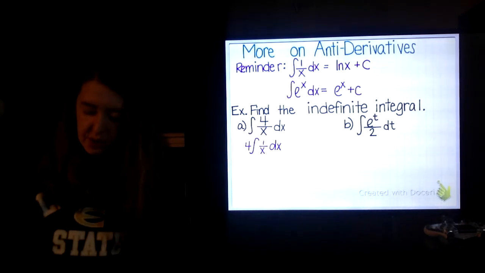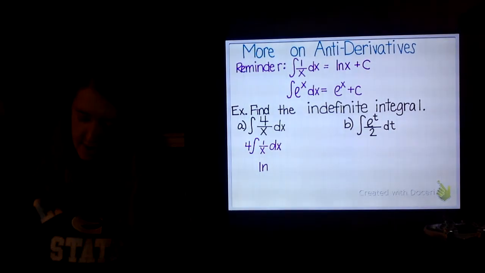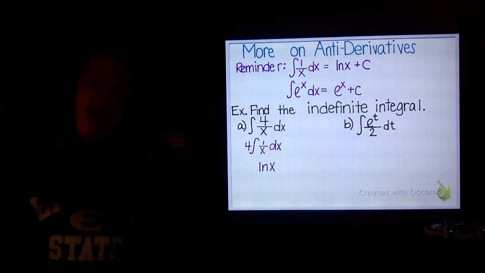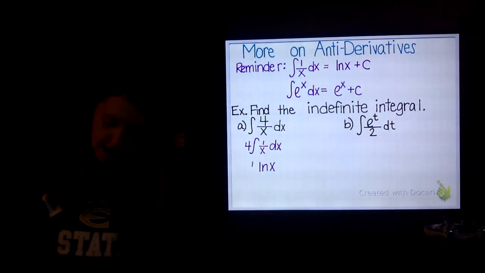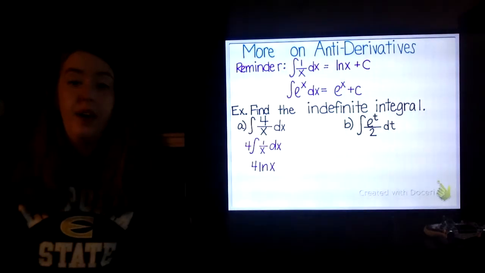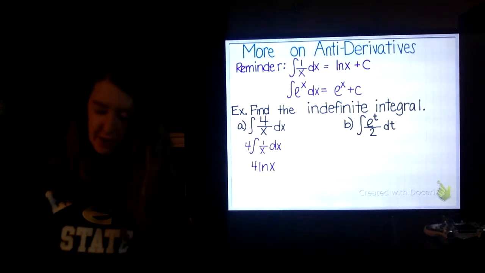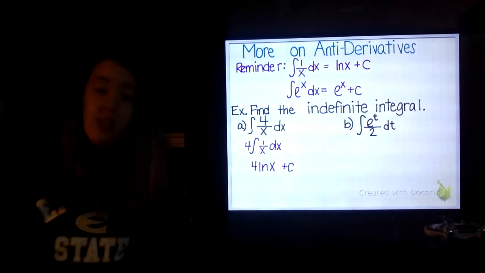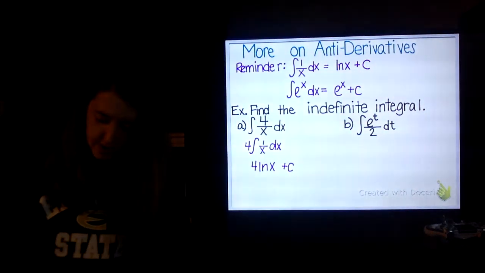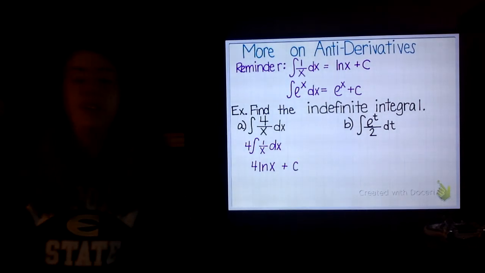So the integral of 1 over x is the natural log of x, and then that 4 just drops down with me and multiplies my natural log by 4. And then at the very end of every indefinite integral, I have to make sure that I put a plus c there at the end. All right.